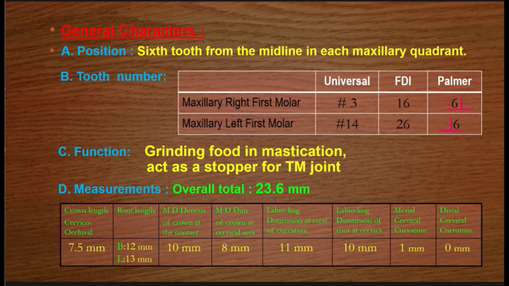The labiolingual dimension of the root at the cervix is about 10 millimeter. And for mesial cervical curvature and distal cervical curvature, you see mesial cervical curvature is only about 1 millimeter, whereas it was about 2.5 millimeter in the incisors. And distal cervical curvature is about 0. That's almost a straight line.